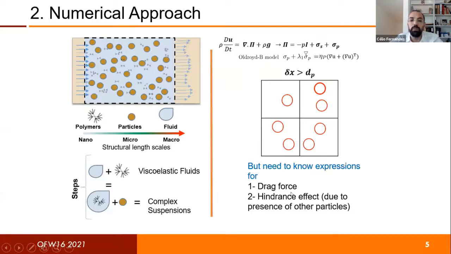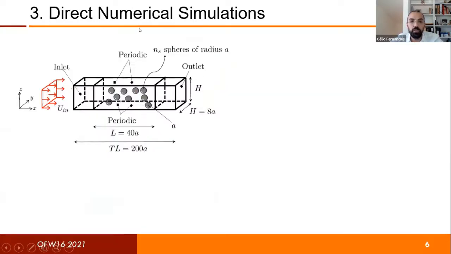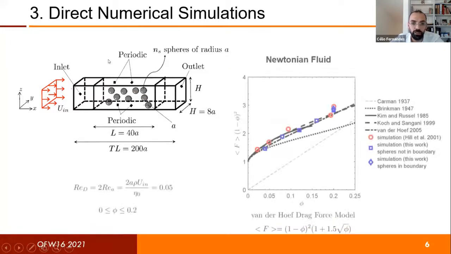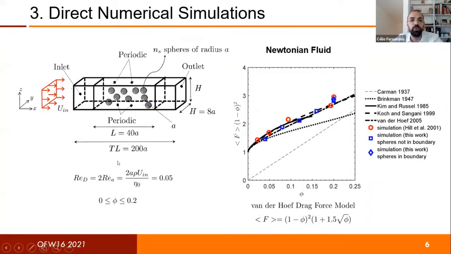So for this purpose, we conducted direct numerical simulations considering different kinematic conditions. First we will consider only creeping flow conditions where the Reynolds number is less than 1, but we consider that in our system we can get a volume fraction of particles which ranges between 0 and 20%.